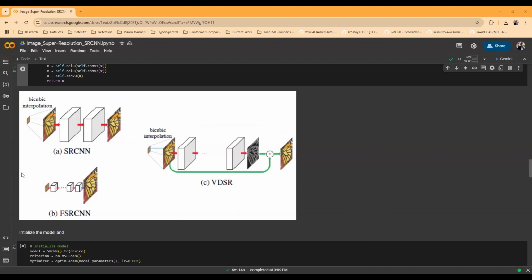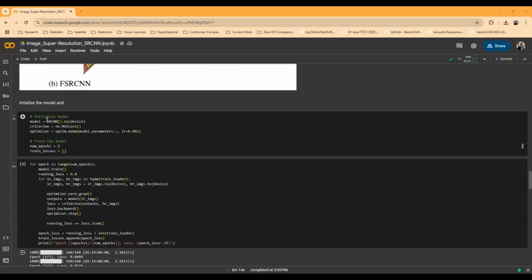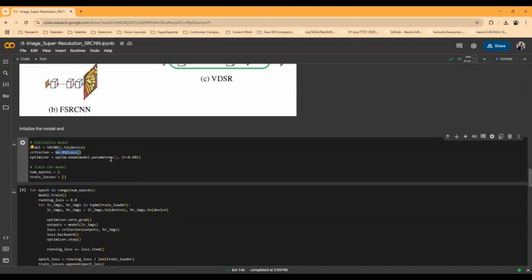Okay, meanwhile our model got trained in five epochs. So the SRCNN model is initialized here, and we have placed it on the device. The criterion used is MSE loss, and several modern networks use different kinds of composite loss as well. We can also go for perceptual loss, Charbonnier loss, and many other loss functions depending on the application.